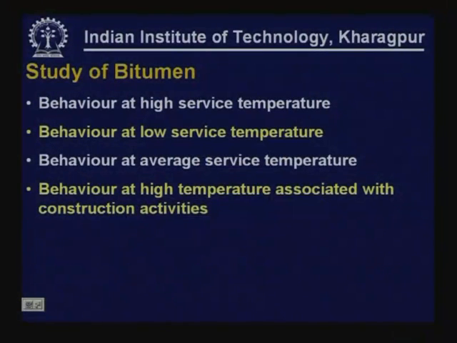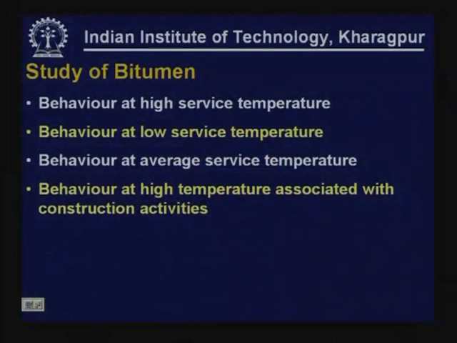And we are also interested in understanding the behavior of binder at low service temperatures in winter. Possibly we are concerned about this, especially when we have low temperatures as low as -10, -15, -20. So, bitumen is going to have different properties. So, the bituminous mix is going to have different properties. We are going to be concerned about that. And bitumen at average service temperature, this can be 25, 30. We are not talking about very high temperatures, we are not talking about very low temperature, we are talking about average temperature.